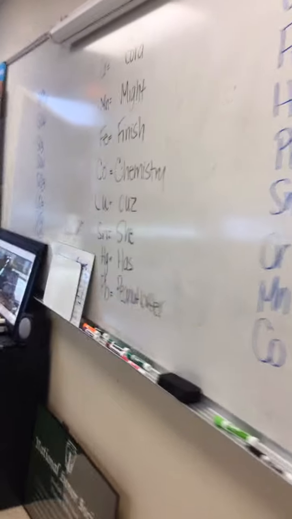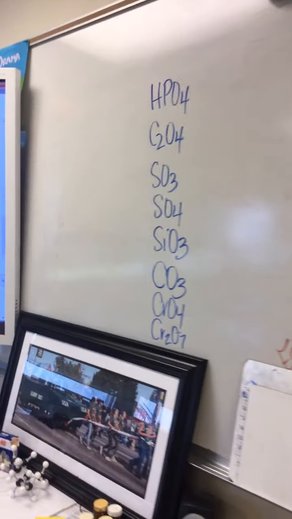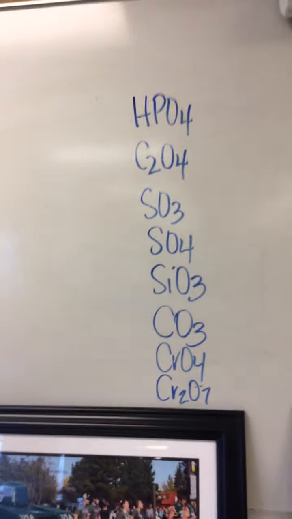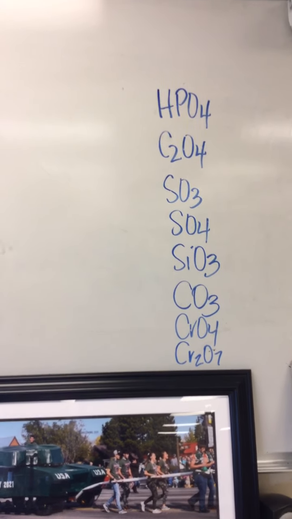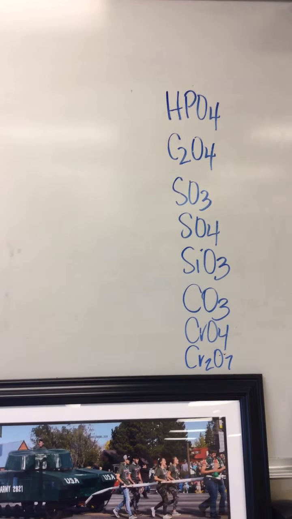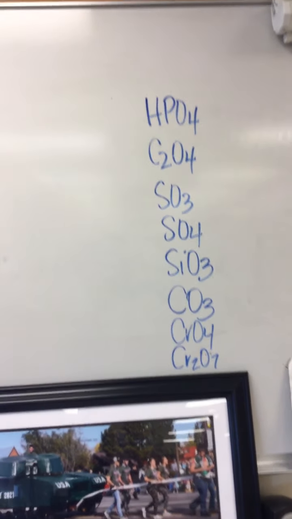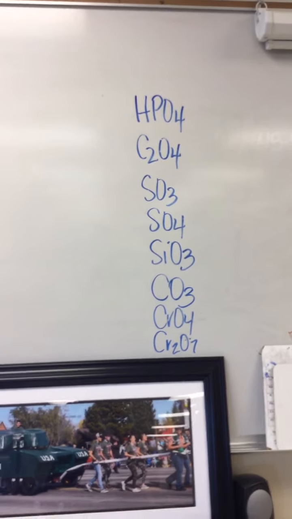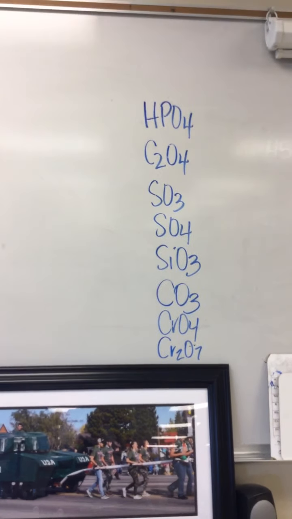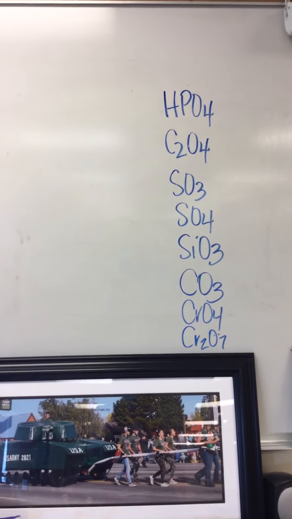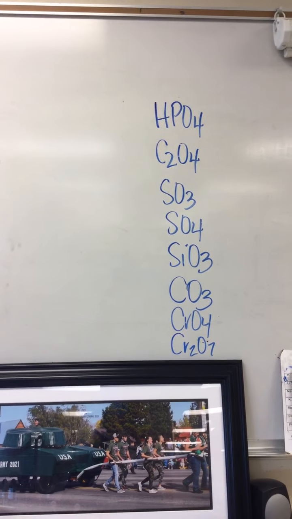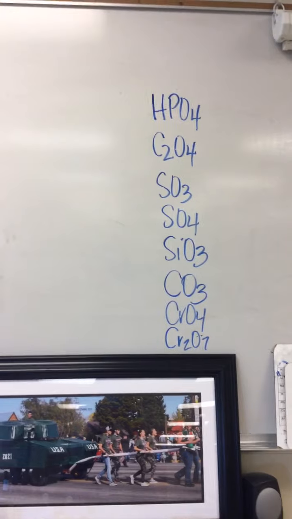We also talked about ways in which you can memorize your polyatomic ions. These are on your green sheet on your study guide. My one suggestion here was if you could make a list. There's only 8 in the -2 column. These are the 8 in the -2 column. I wrote them slightly out of order from what you might find them on your sheet, but I am really good at making lists.